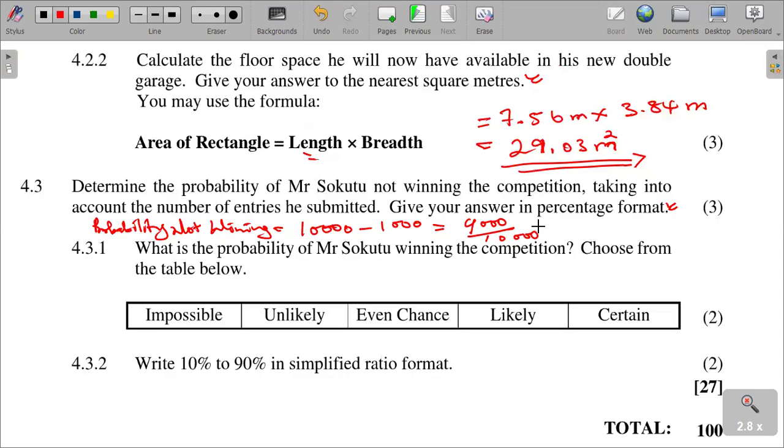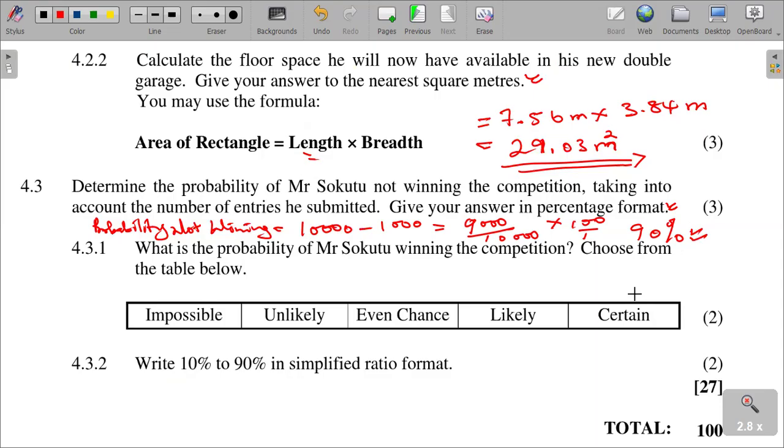Because we are asked to give the answer as a percentage, times 100 over 1, which is going to give us 90%. You understand? He submitted 1,000 out of 10,000. So 10,000 minus 1,000 is 9,000 over 10,000. We multiply that by 100, and we get 90% as our percentage.